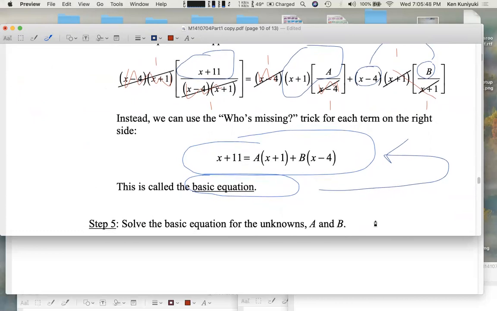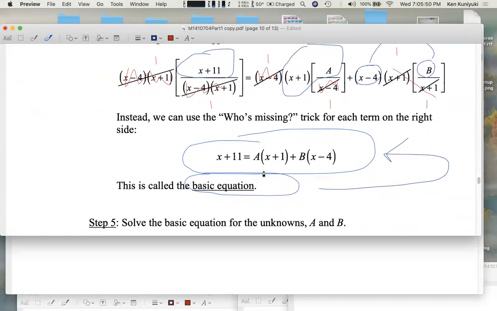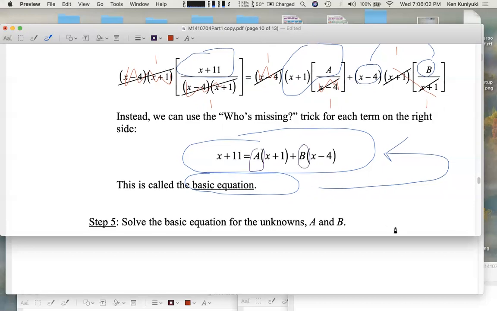Now, we're going to solve for a and b. We're actually going to find the values we need for a and for b. And in case you're wondering why this is in chapter 7, the reason is that you could say that systems are involved. But there are some systems that are a lot easier than others to solve.